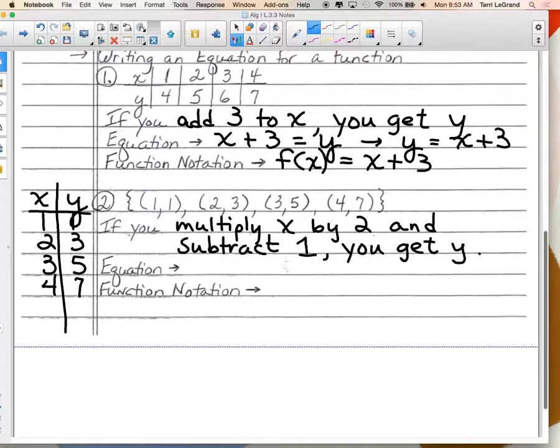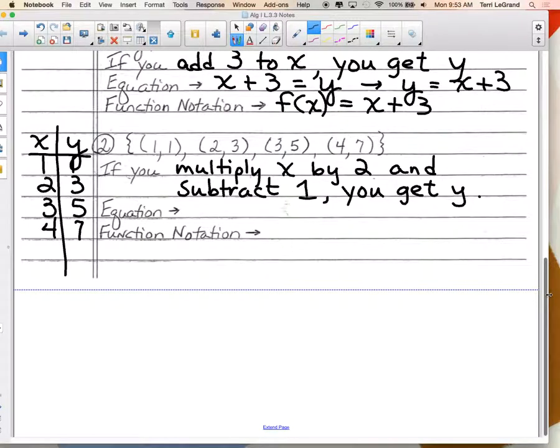So multiplying the x by 2 and subtracting 1 is the function rule, and we would set that equal to the y. So what would our equation be? Y equals x plus 2 minus 1. Y equals what? X plus 2, or x times 2 minus 1.